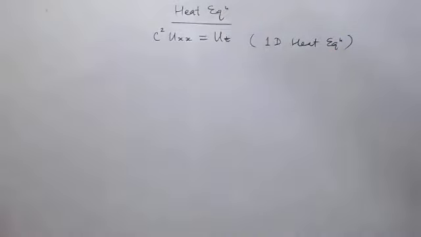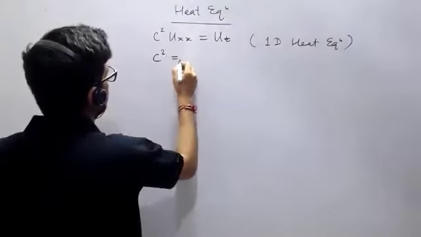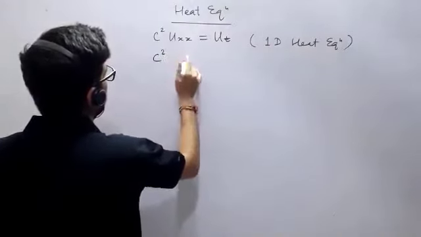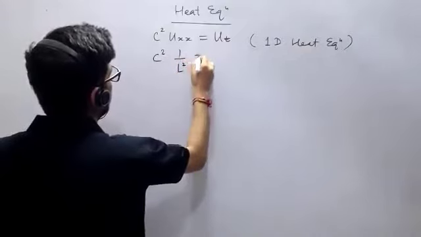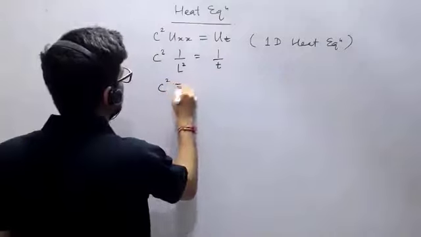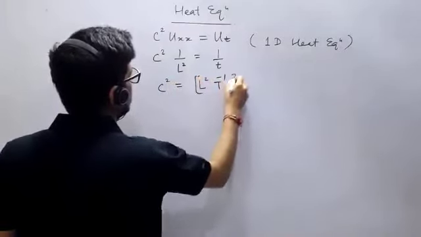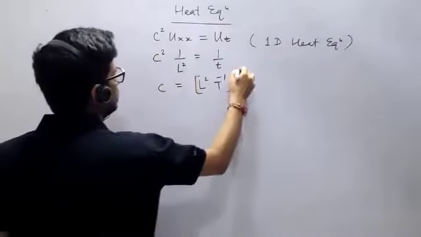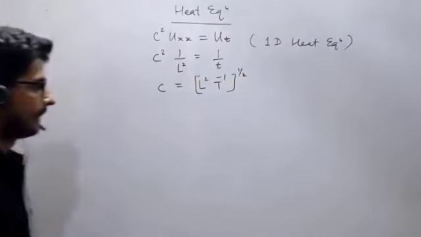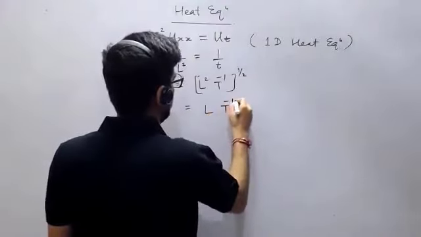Correct? And this time you can also check what will be the dimension of this c square. c square into 1 by L square will be equal to 1 by T. So dimensionally c square will be L square T minus 1, and if you take the square root it will become L T to the power minus half.